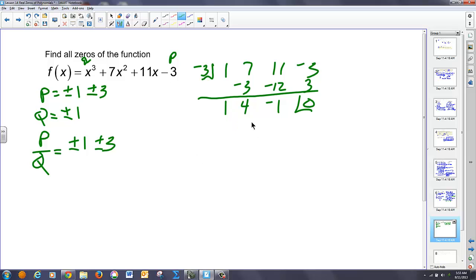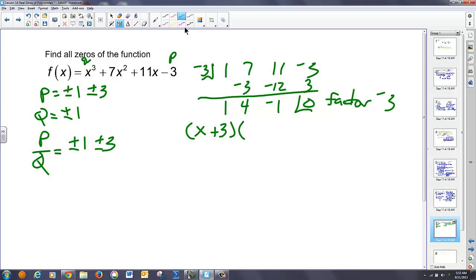So notice what I have. I have a remainder of 0, so this is a factor. Negative 3, which means when I factor the original polynomial out, I get x plus 3 times whatever I have over here.